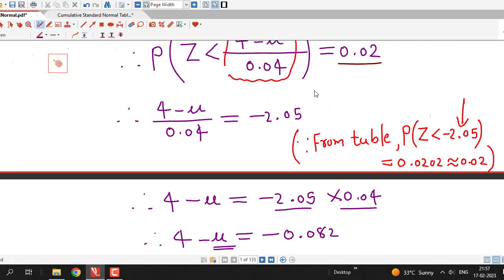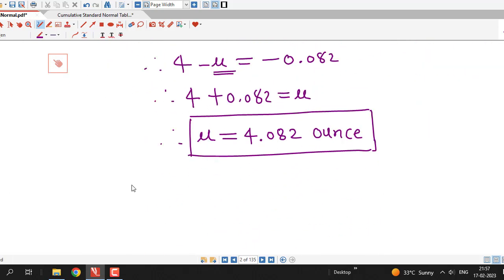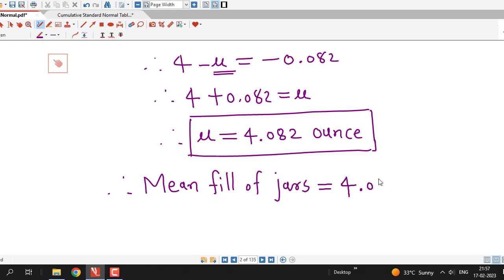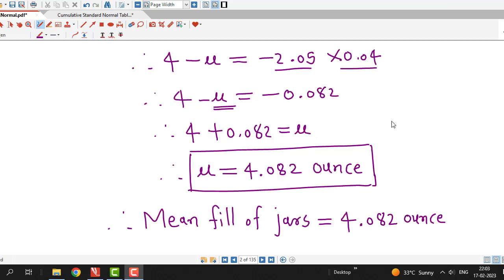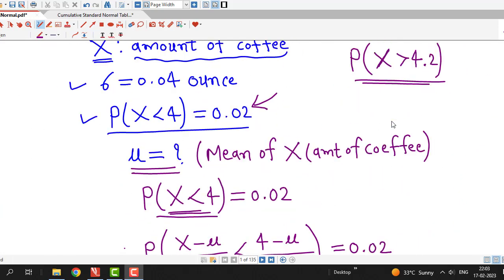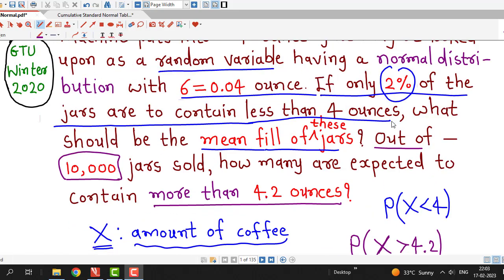So the mean fill of jars is nothing but 4.082 ounces. Mean fill of jars is equal to 4.082 ounce.